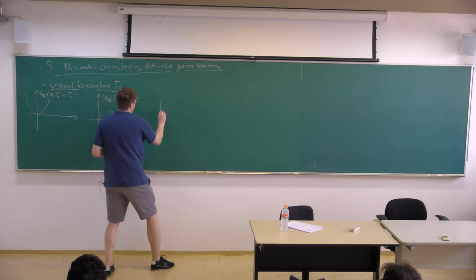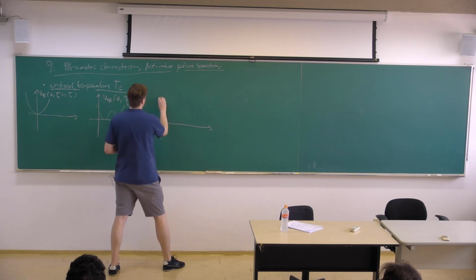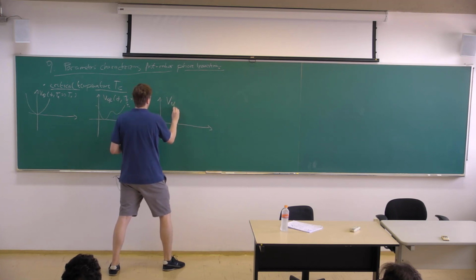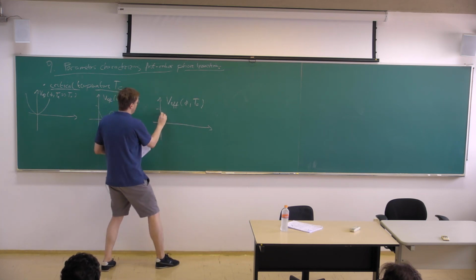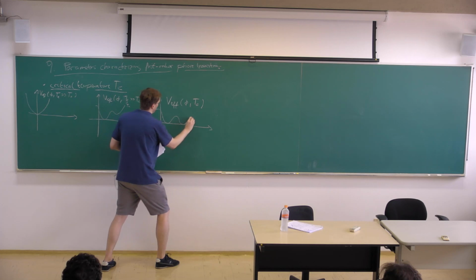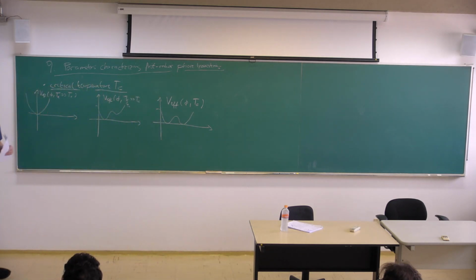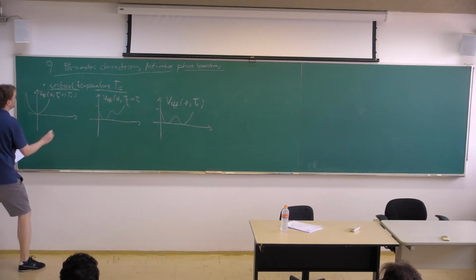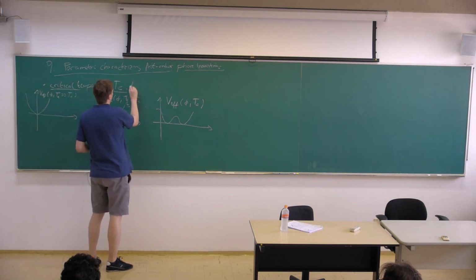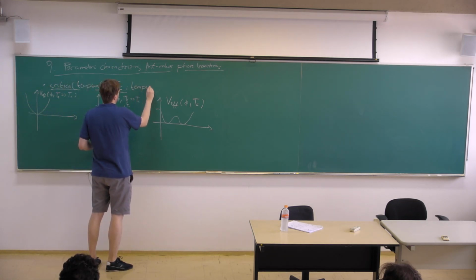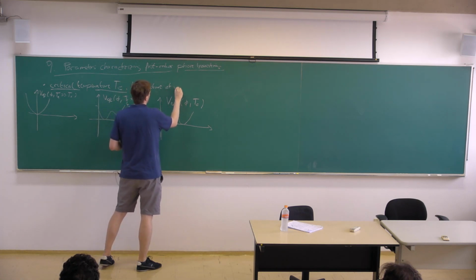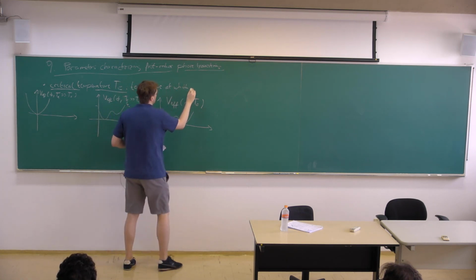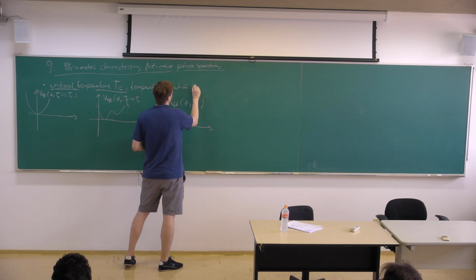And then eventually these two minima will be equal. The temperature when this happens is what I call the critical temperature. So the potential at Tc looks like this. Tc is the temperature where the two minima are equal.